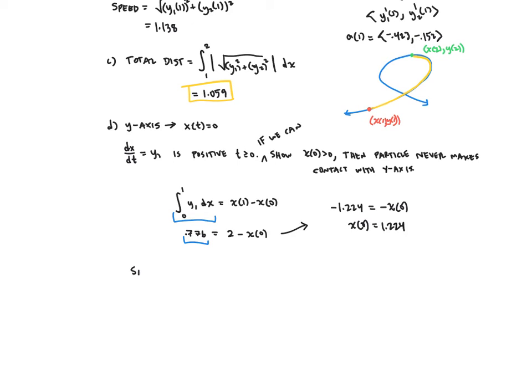This might be going a little above and beyond, but since dx dt is greater than 0 for t greater than or equal to 0, and x of 0 is equal to 1.224, then the particle, I spelled that wrong, let's sneak an I in there, the particle never crosses the y-axis.